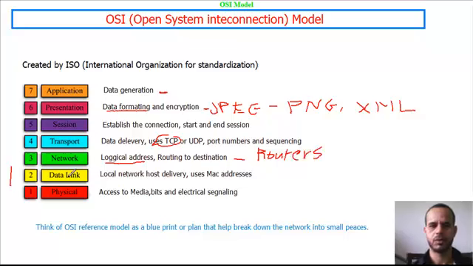Moving down one layer, we have the data link layer. The data link layer defines how the local network host delivery works in the local area network or LAN, okay, and also defines the physical addresses, which are the MAC addresses that are burned in network cards, and they are 48 bits in binary.